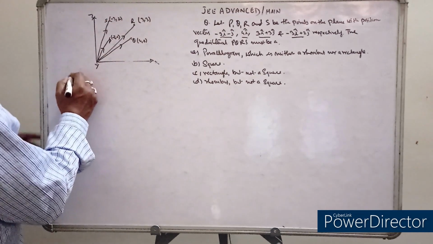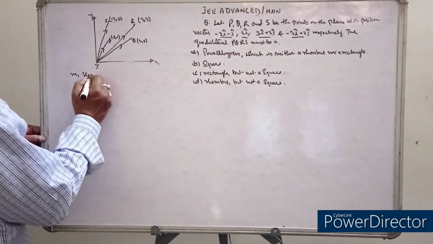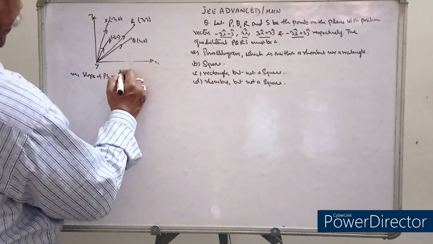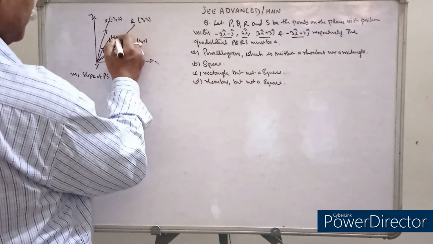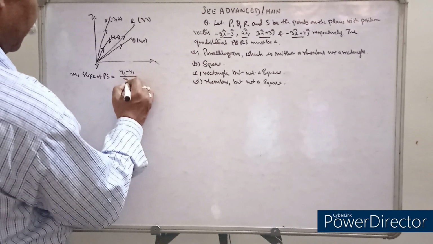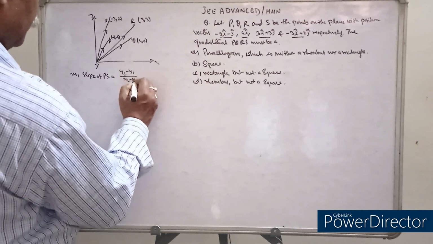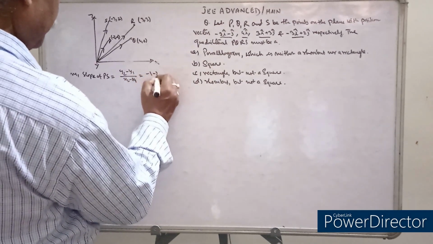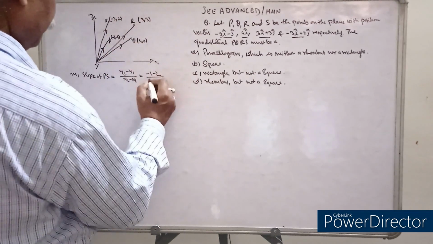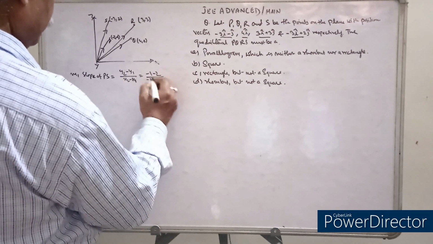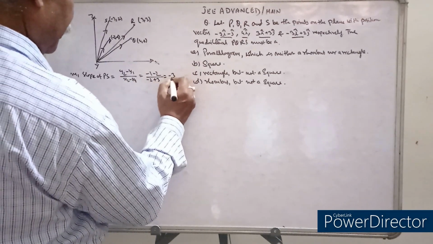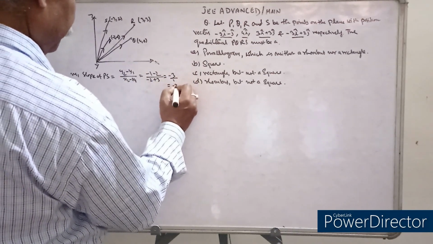This is m1, that is the slope of PS, that is y2 minus y1 by x2 minus x1. So this will be minus 1 minus 2 over minus 2 minus minus 3, that is minus 3 by 1, so minus 3.